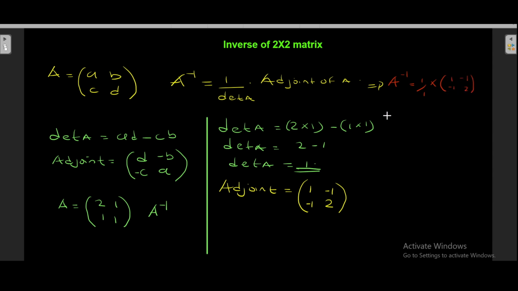Therefore, my A inverse will be 1 over 1, which is the same as 1, times the matrix, so it stays 1, negative 1, negative 1, and 2. I'll put a conclusion answer here. My A inverse, in that case, will be 1, negative 1, negative 1, and 2.